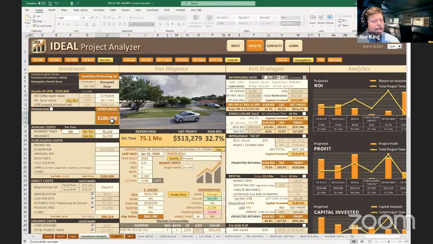Now, you might say, you know what, I'm going to give the seller above par. I'm going to give them 120,000 for this asset, which is pretty good. It's above par, but look at what our annual yield is.